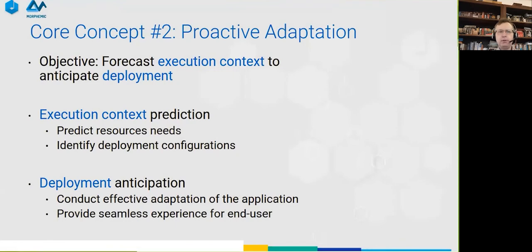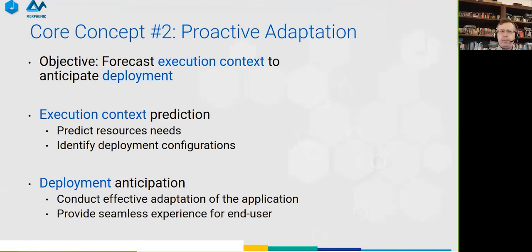And the second concept is proactive adaptation. It is currently developed and released and can be downloaded from the Melodic website. So the current version of Melodic includes the extension from the Morphemic project and is able to proactively adapt the application.